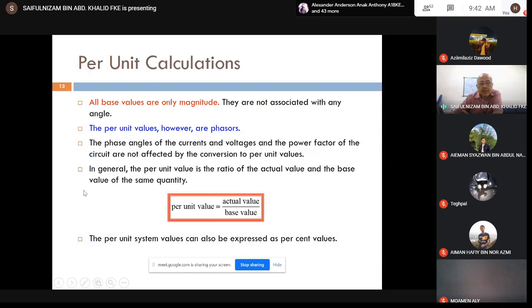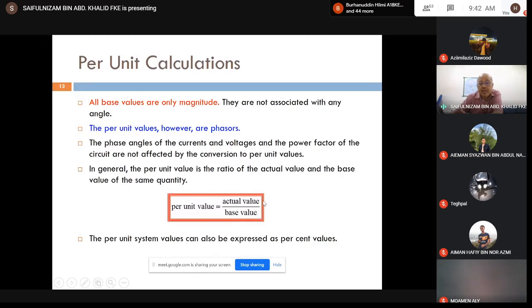So for a common form, the per unit value is defined as the actual value of any quantity in any unit divided by the base value or reference value in the same unit. For example, voltage in volt, you divide by the base value in volt; current in ampere, you divide by the base value in ampere.